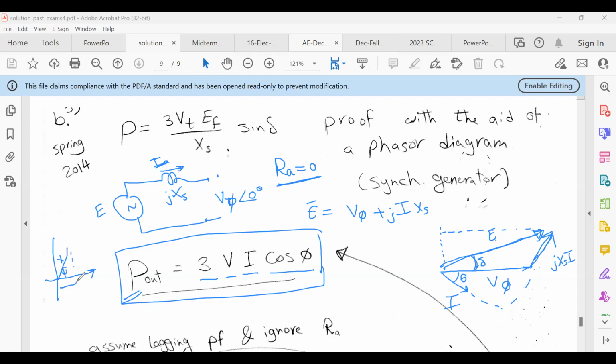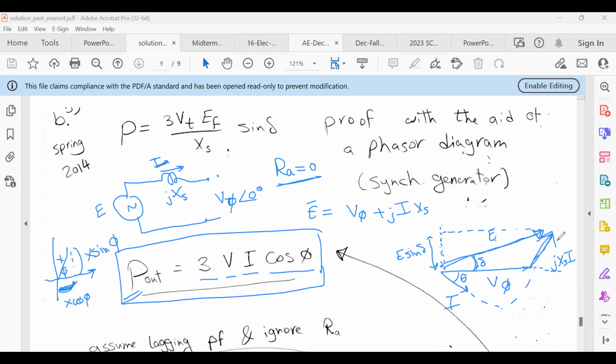This distance is X cosine phi from the trigonometric functions, and this one is X sine phi. I did this because here we have E and delta, so I can call this part E sine delta.